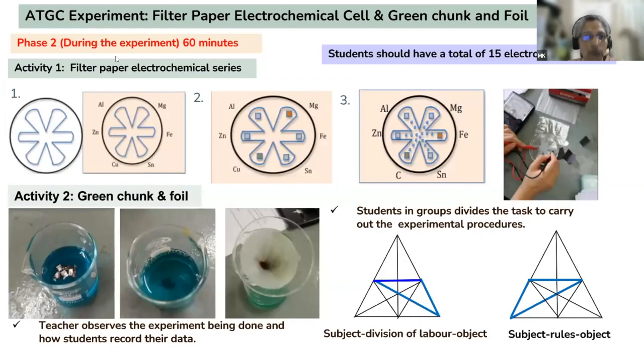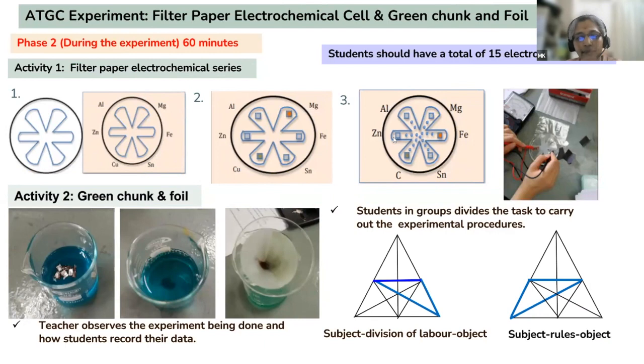Then during the experiment, which is conducted for 60 minutes, students create the filter paper electrochemical series, whereby they need to cut the filter paper according to this shape, and then they label the metals, and react the metals with the salt solution.